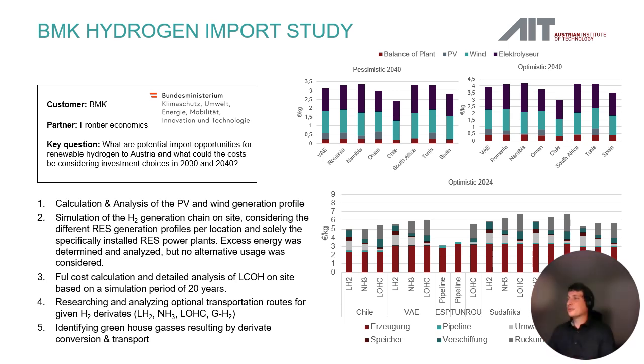The pipeline was taken into account with all the fees that you need to pay when using it, and so a takeaway from this study is that the pipeline from Spain, and also from Tunisia or something, is just way cheaper than all kinds of options when you're shipping it by ship. Yeah, I think that is more or less the takeaway that we could take from this study.